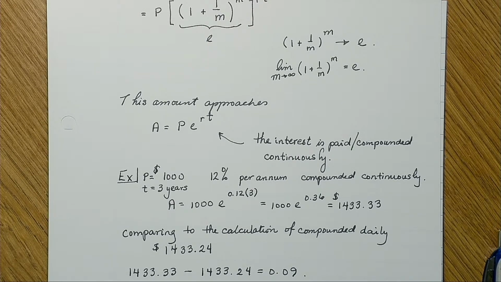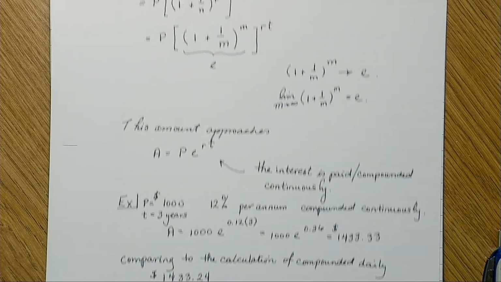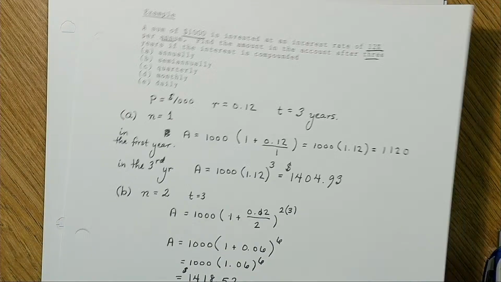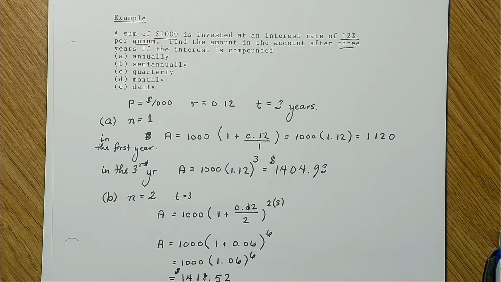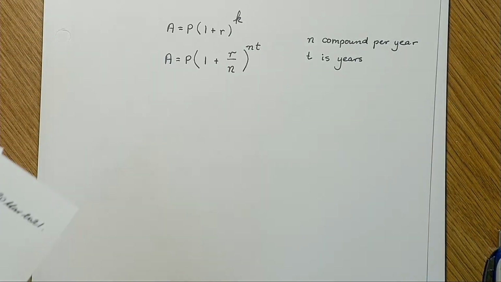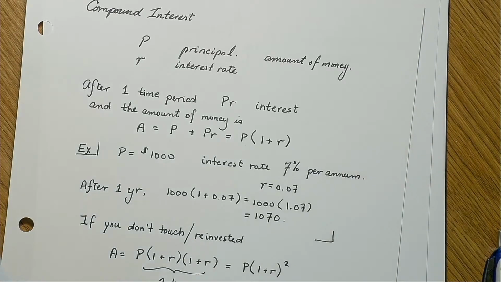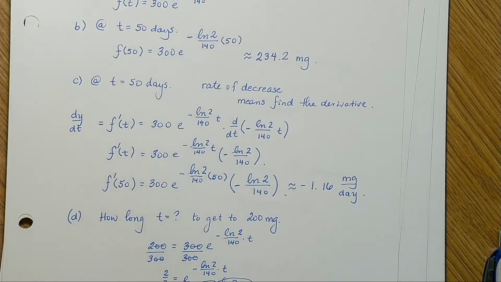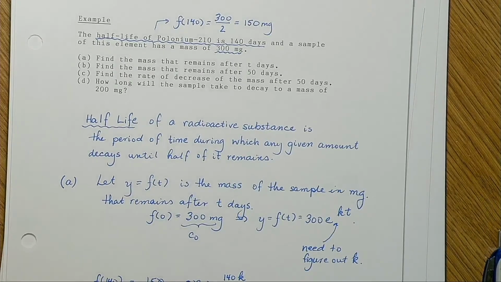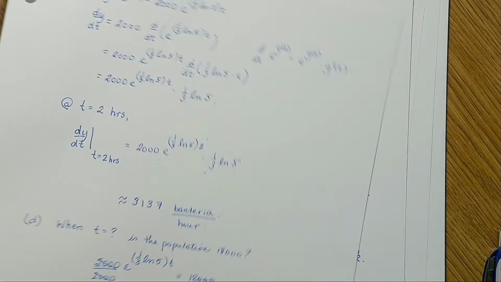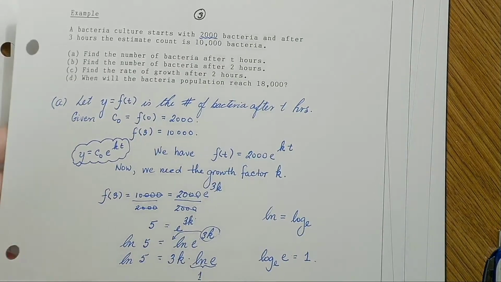So we covered a lot of material in this mathematical modeling using exponential functions. What we found is that we looked at an interest rate problem. We saw that we have compound interest. We can look at half-life of a radioactive material, and we can also look at bacteria culture.